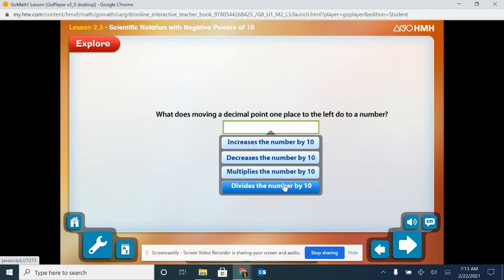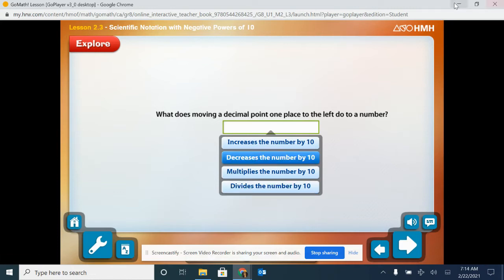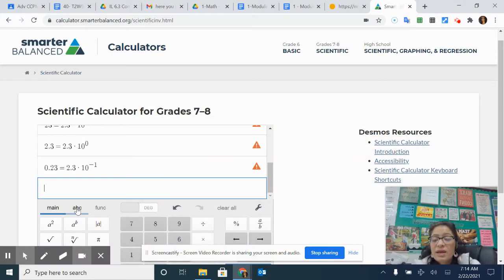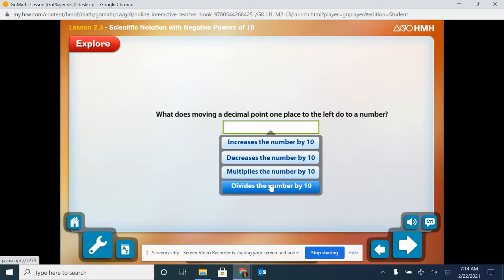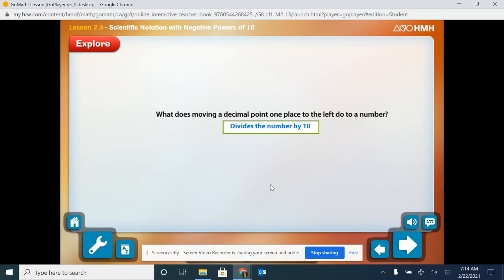Like if I have 200 and then I move the decimal place over, now instead of 200, I only have 20. How did I get 20 from 200? I divided it by 10. It didn't decrease it by 10. I almost was going to say that, but it divides the number by 10. Okay. Good job.